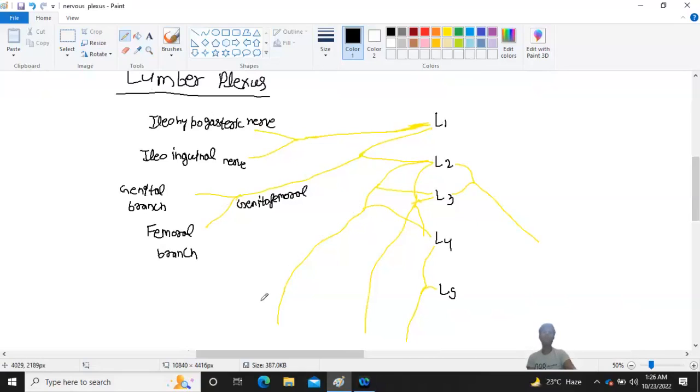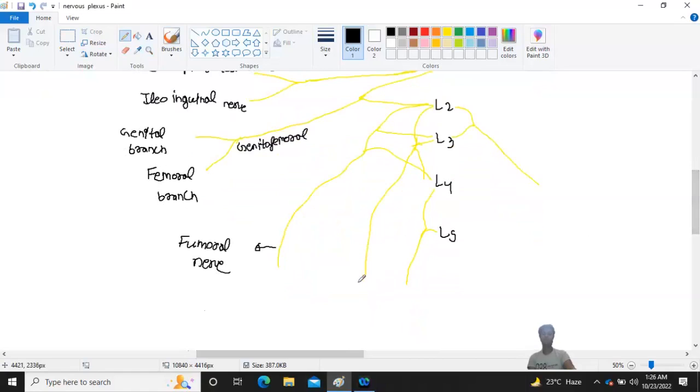Then another nerve is called the femoral nerve. The femoral branch is a different thing, and the femoral nerve is different. And another is the obturator nerve. These have similar values.